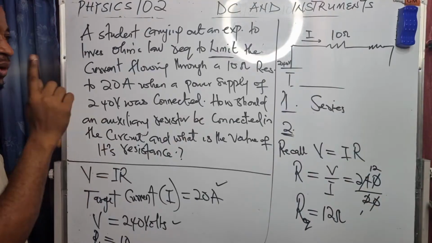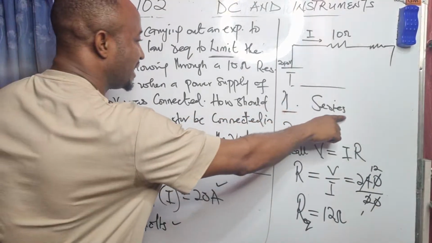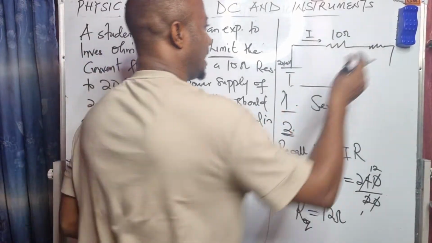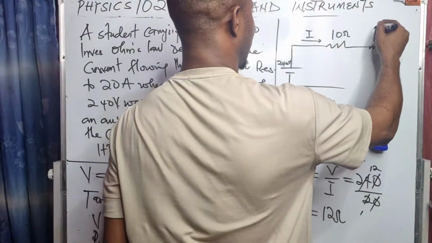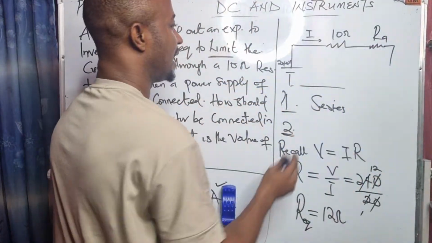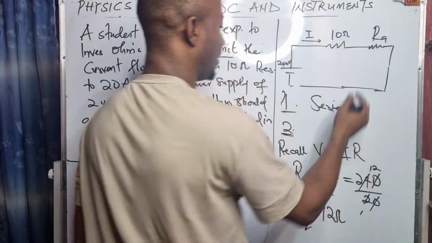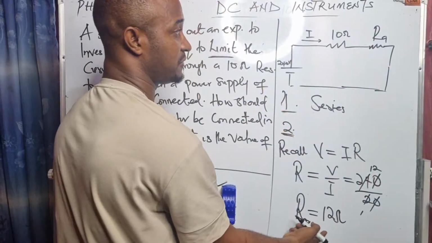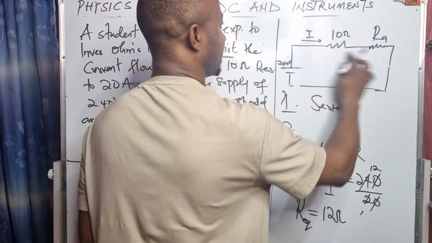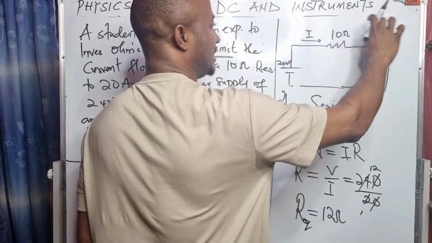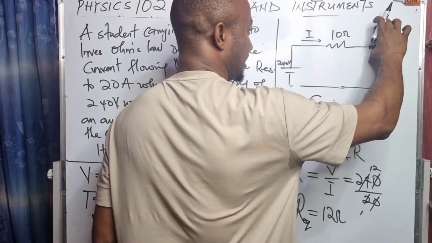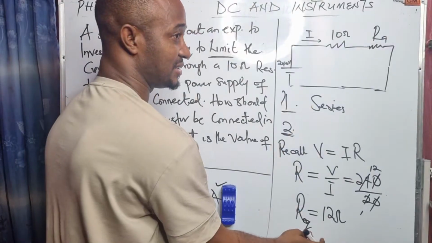Since we agree that it must be connected in series, let's say I have my auxiliary resistor, let's call it RA, and we are saying that our RO equivalent is 12. In series means we have to add up 10 plus the auxiliary. That will give us the total resistance.